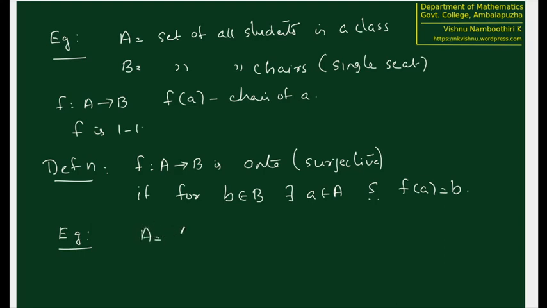Example. Suppose that A is the set of all countries, B equal to the set of some people.